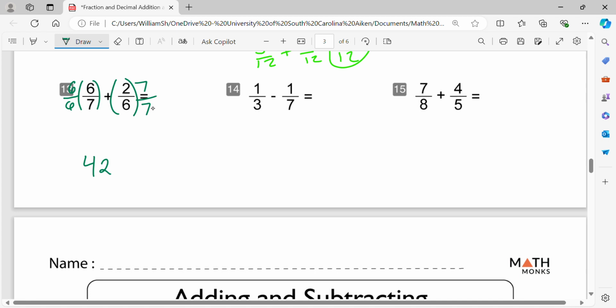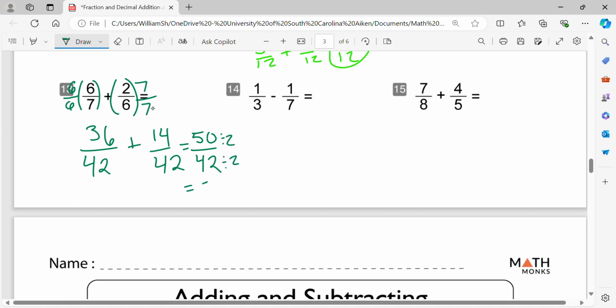It's going to give me a common denominator of 42. 6 times 6 is 36. 7 times 2 is 14. Now I'm looking at 36 plus 14, which is going to give me a 50. So I have 50/42, which does obviously reduce if you divided both of those by 2.